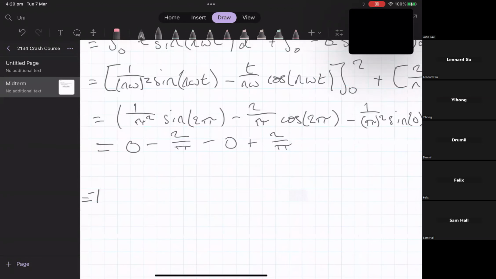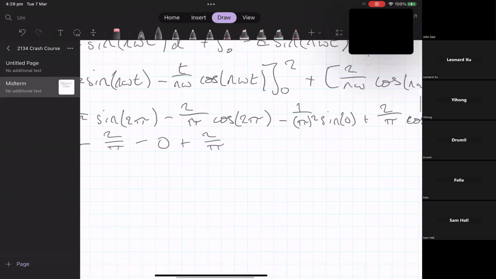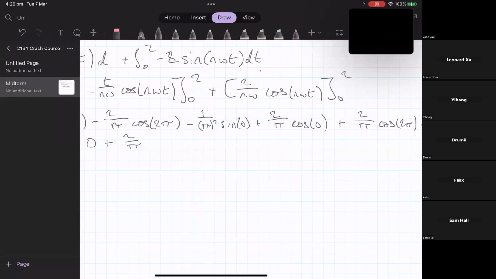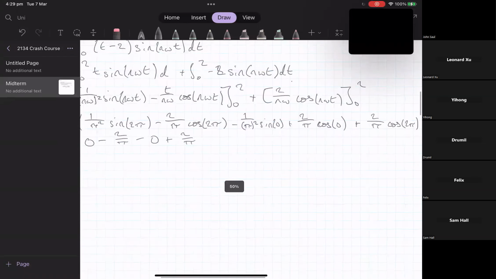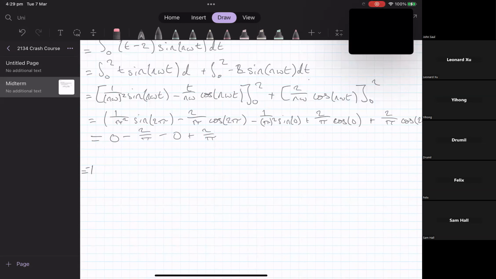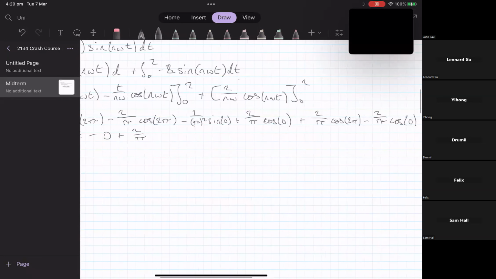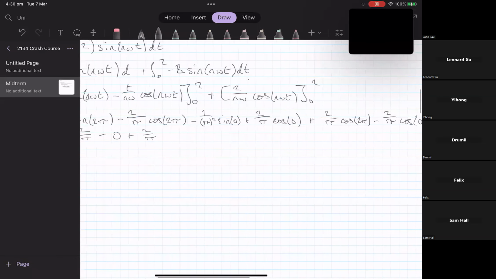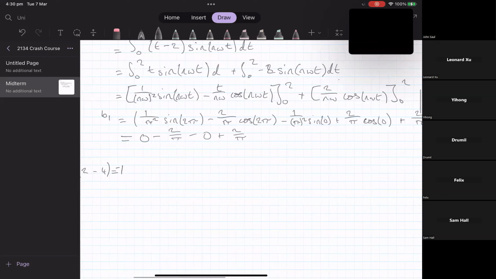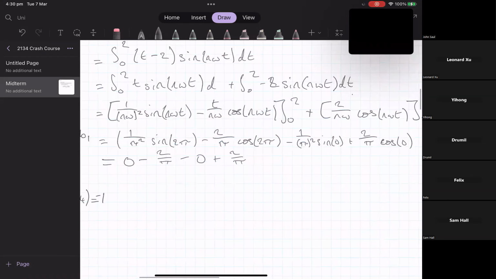So sine of 2 pi should be 0. I've done something wrong here. Can anybody spot it?